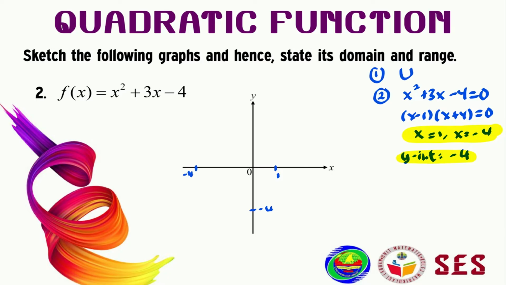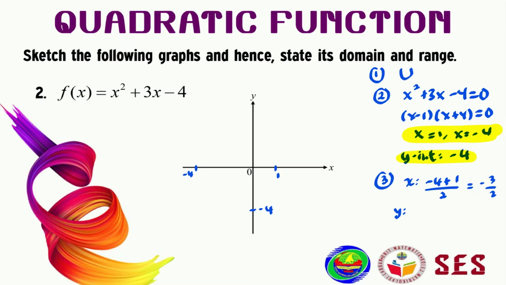Alright, so we need to get the minimum point for this case. To get the x coordinate of its minimum point, we just need to calculate the midpoint between these two x-intercepts. So (-4 + 1) divided by 2 should give you -3/2.